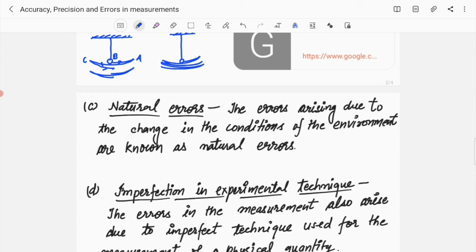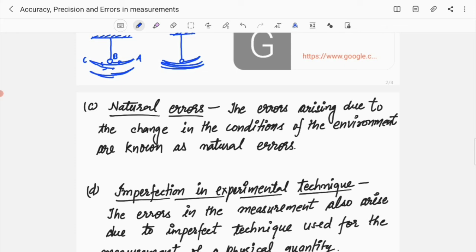And if another student is performing at my place, then the temperature will be low, and the resistance of the same wire, of the same length and same thickness, an identical wire, will be low, because resistance increases as the temperature increases.